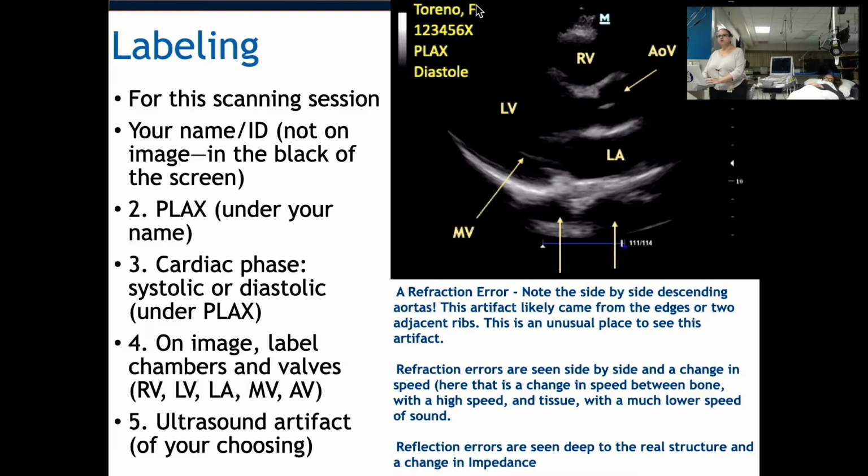You need to put your last name, first initial, your ID, the big anatomy you're scanning. In this case, it's PLAX of the heart. And then I've added here diastole because as a lab, one of the things asked for is what cardiac cycle are we in.